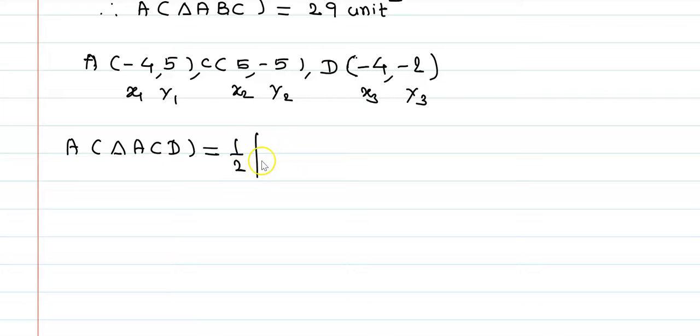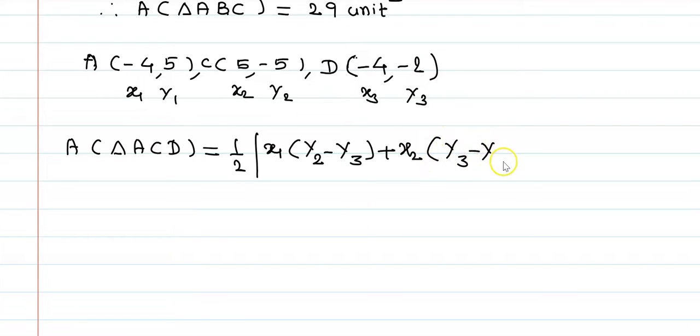equals 1/2 in mod of x1 bracket y2 minus y3 plus x2 in bracket y3 minus y1 plus x3 in bracket y1 minus y2. Now substitute the values.